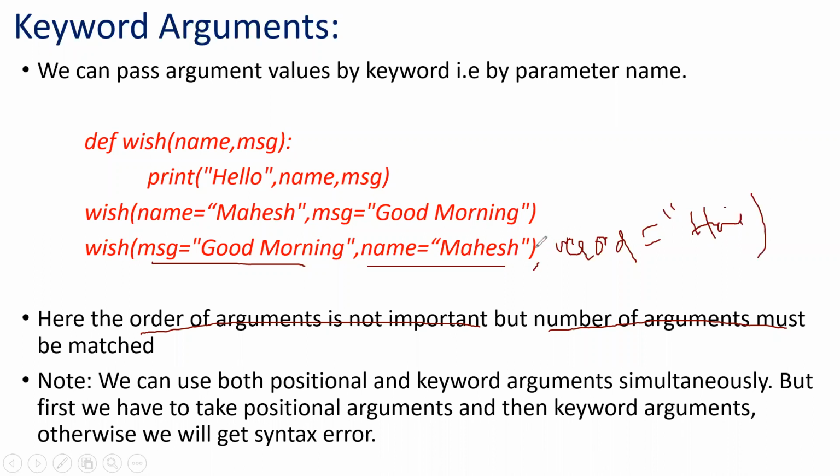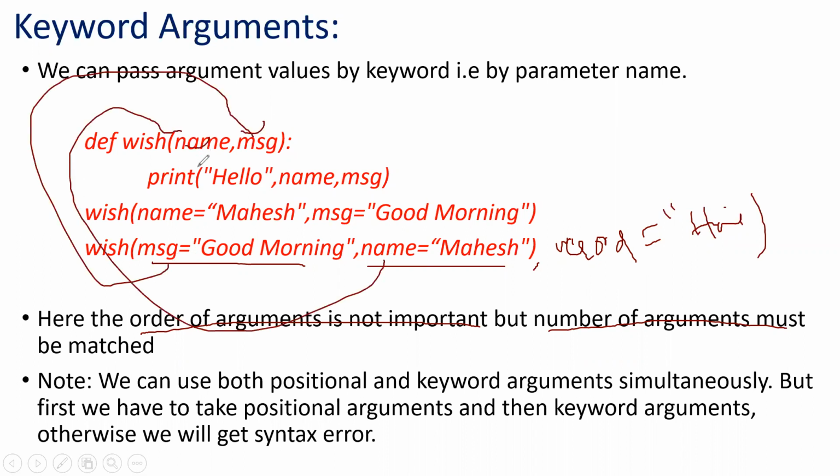If I pass message, name, good, message is assigned to here, name is assigned to here. What about good? No, there is no good in that. So it will throw the error.